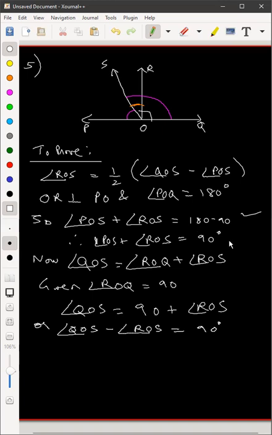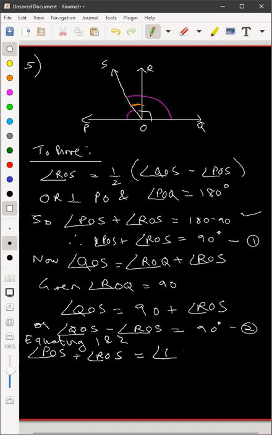If we take this as equation 1 and this as equation 2, both are 90 degrees. So we can write, equating 1 and 2, angle POS plus angle ROS is equal to angle QOS minus angle ROS.